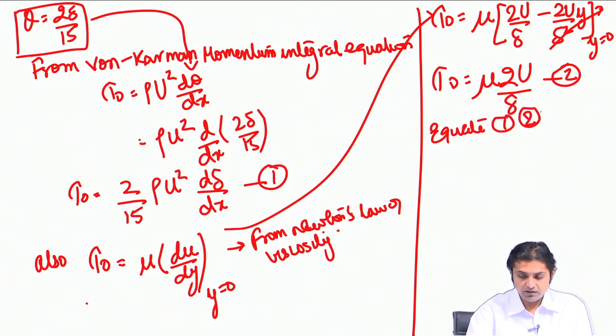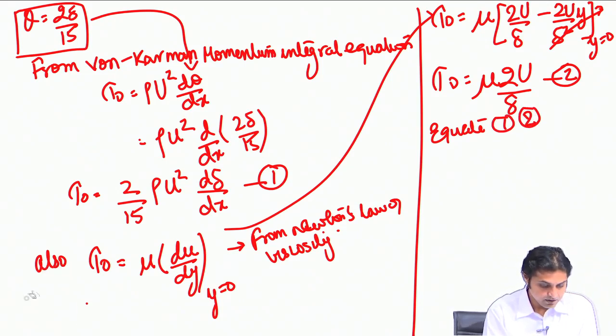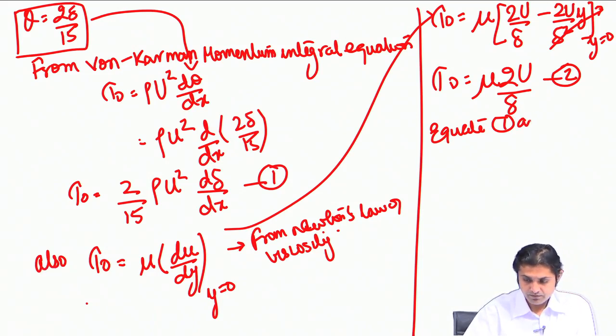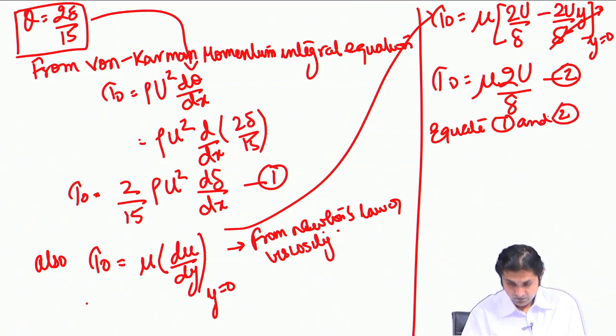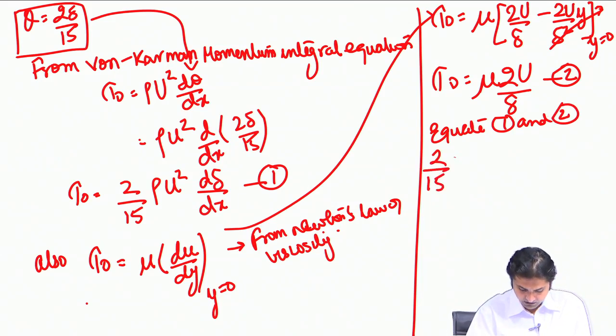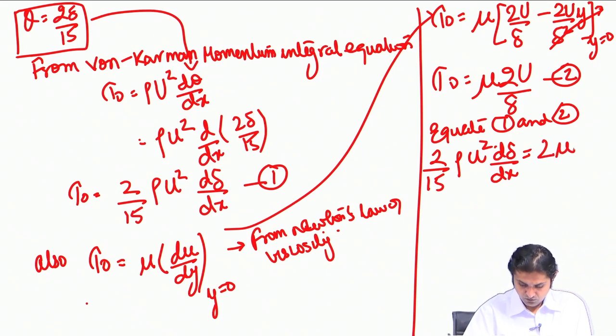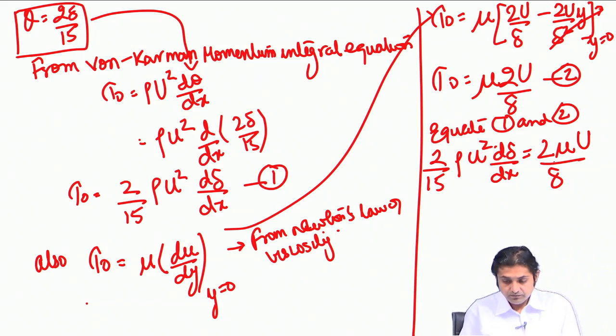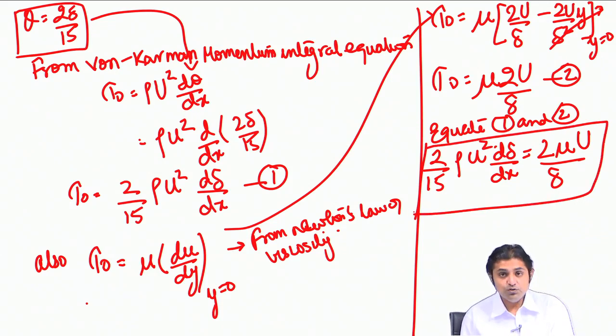Equate 1 and 2: 2 by 15 rho U square d delta by dx is equal to 2 mu U by delta, right? So this is the equation that we get, and now to find delta, we must simply integrate it.